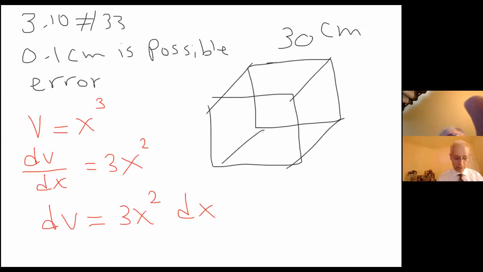Let me go to the next page. So dV equals, we said 3x squared, so 3 times x is given to us as 30 squared, times dx, which is 0.1.